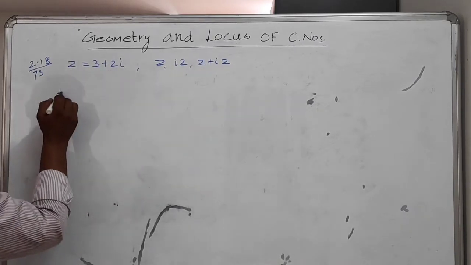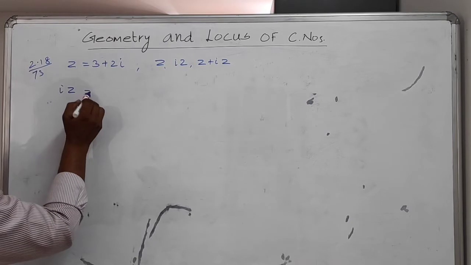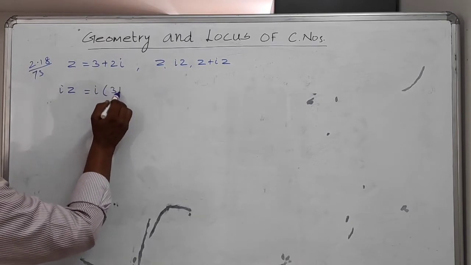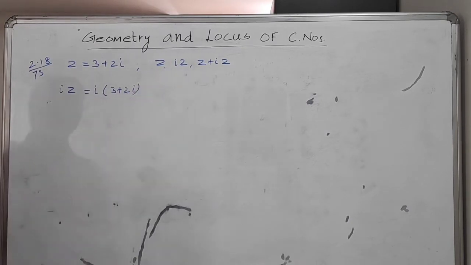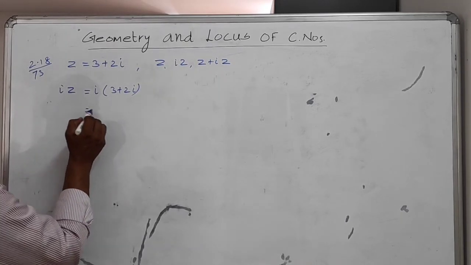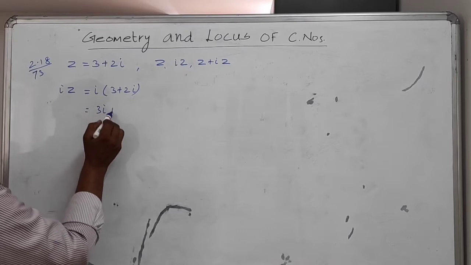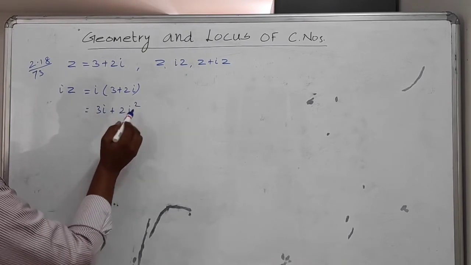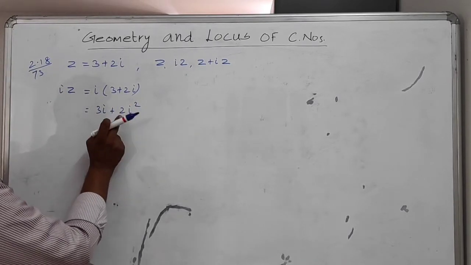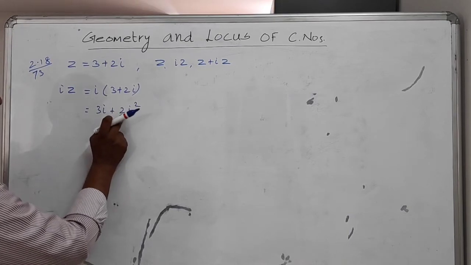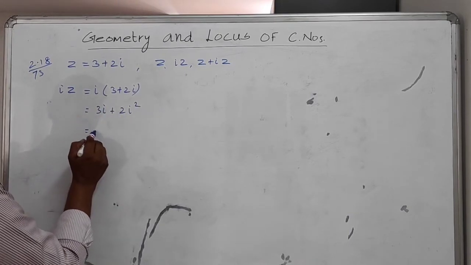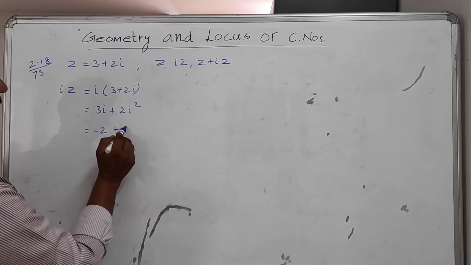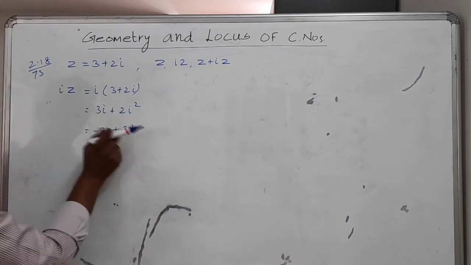Therefore, we can find iz. iz means i into 3 plus 2i, which gives 3i plus 2i square. This i square is equal to minus 1, therefore minus 1 into 2 gives minus 2 as the real part. You can write it as minus 2 plus 3i, real part first, then imaginary part.